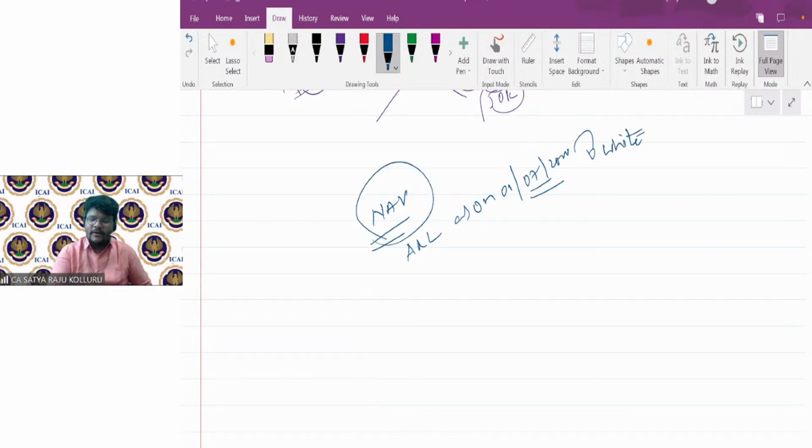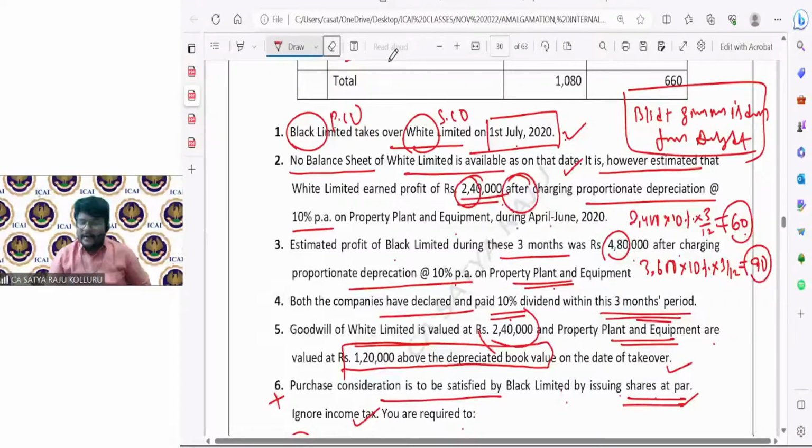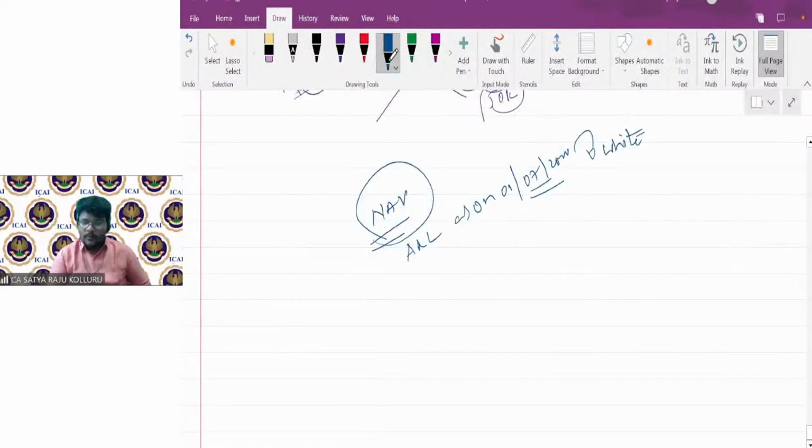Then only I can work out the NAV. Do you know all the assets and liabilities of White Limited as on 1st July 2020? No, I need to work on some assets. Let us check one by one the assets and liabilities.